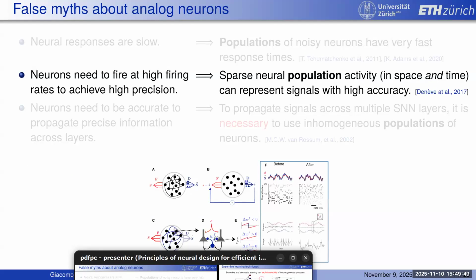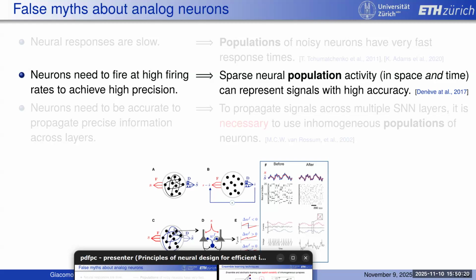Another myth is that neurons need to fire at high firing rates in order to be precise. This is also not true, and it's been demonstrated by Christian Machen, Sophie Deneuve, and many others, that if you have recurrent networks, you can train them, putting sparsity as the loss function. You want to maximize sparsity, and you can train them to encode precisely any signal, or produce in response to any signal any output, with a very, very low average firing rate.